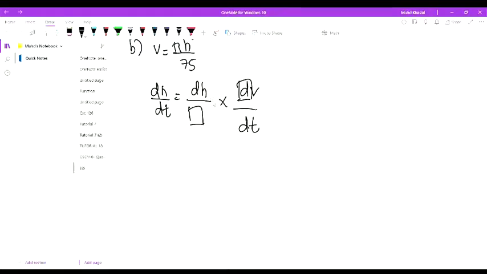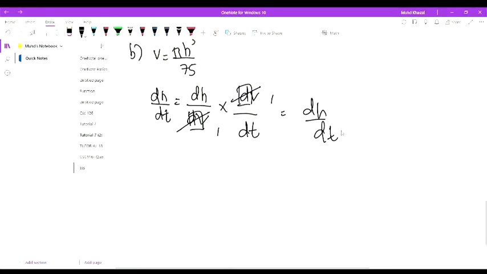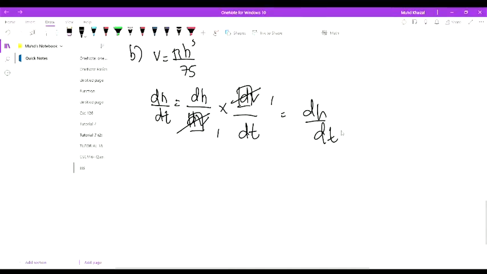As we know, if we want to find dH over dt, both of these cross sides must be the same. So we use this as dV because we can simplify all of them equal to 1. So we can get dH over dt. After that, how to find dH over dV? We can find it through this equation, V equals pi h cubed over 75.